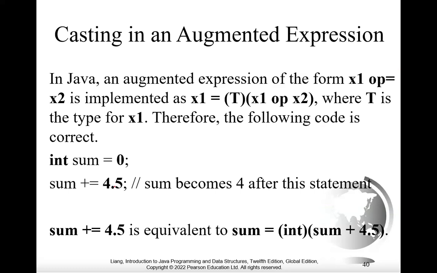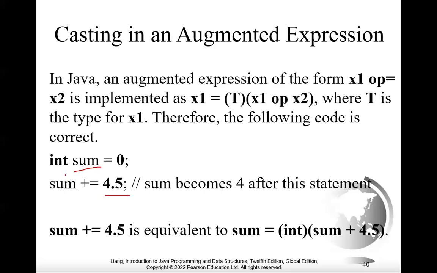Casting in an augmented expression. This does not really matter because you know it. If you are trying to cast, what happens is the expression is broken down into what it really is. So if you say sum plus equal 4.5, but sum actually is an integer, it means 4.5 and the destination do not match. So what happens is the evaluation is done.